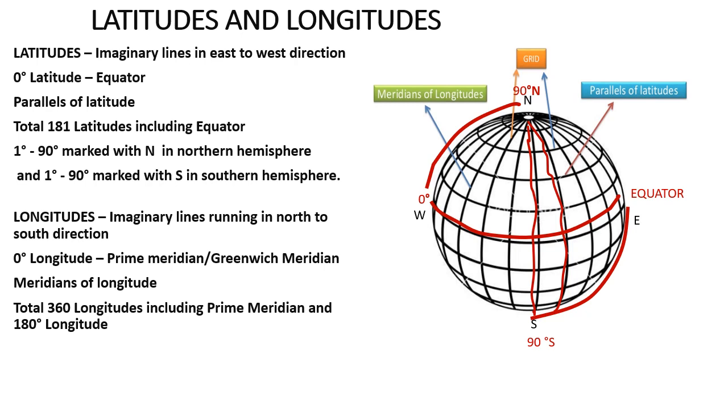0 degree and 180 degree longitude together make a circle and divide the earth into two halves longitudinally, the eastern hemisphere and the western hemisphere.